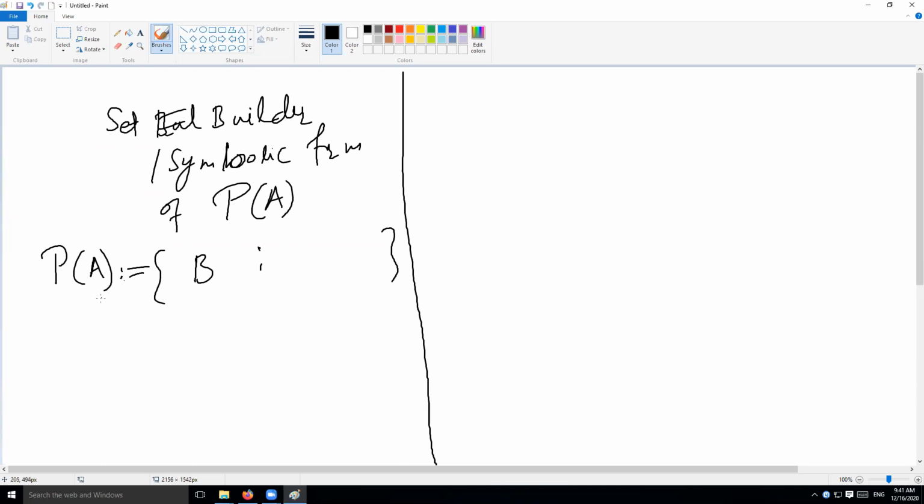So the power set of A contains sets, okay? But what kind of sets? Those sets which are subsets of A, which satisfy this condition.